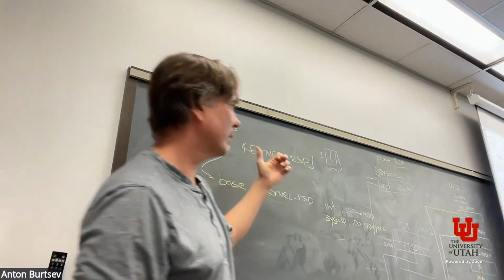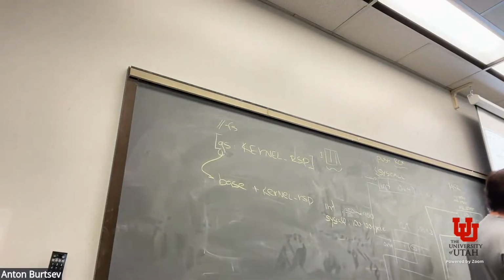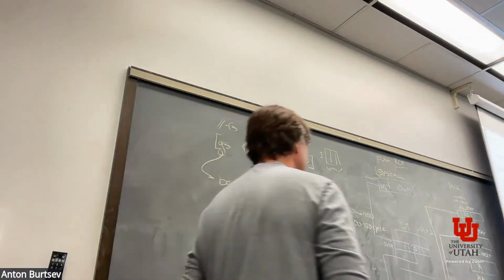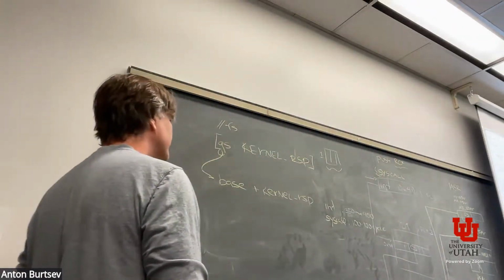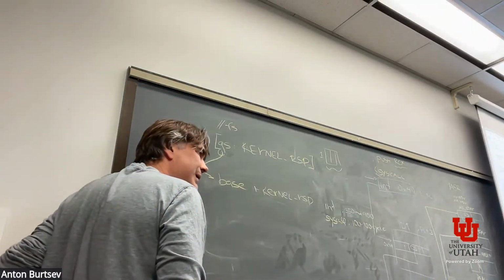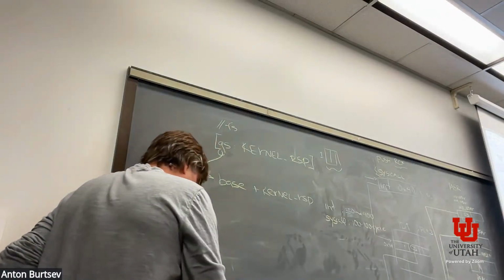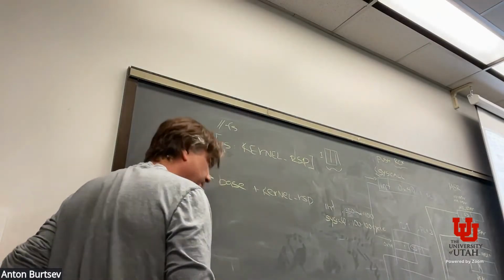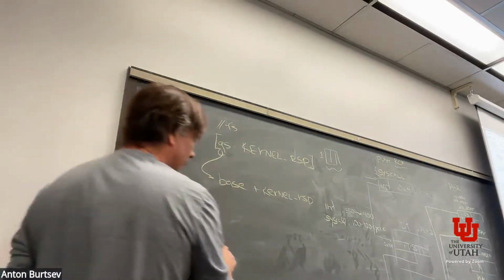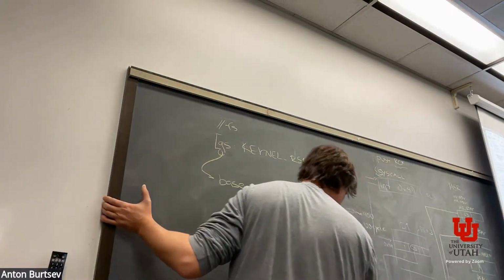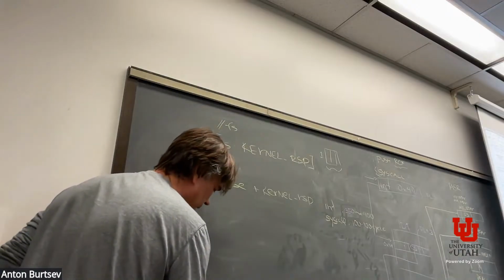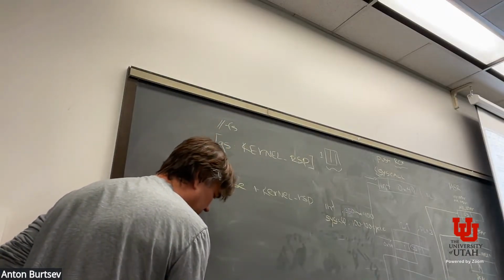And why are we doing this in the kernel? What do you think? Just try to guess real quick. Okay, so we're going to use GS similar to thread local variables, but to hold CPU local variables.